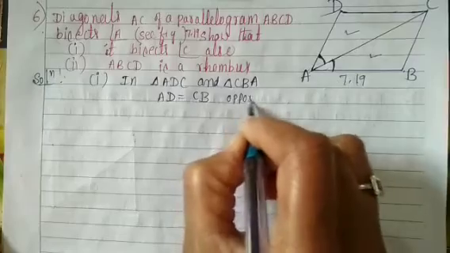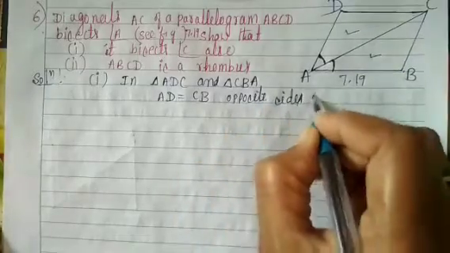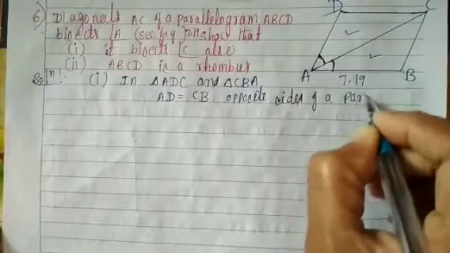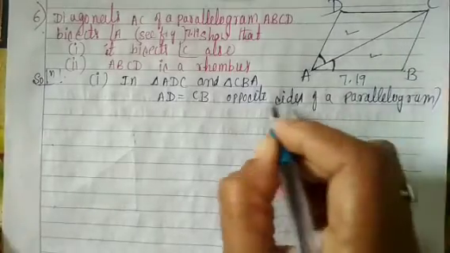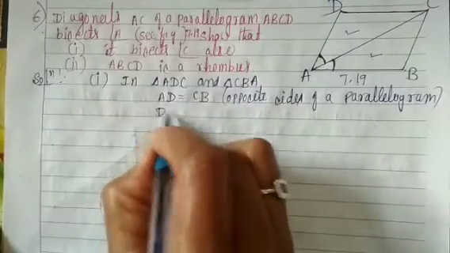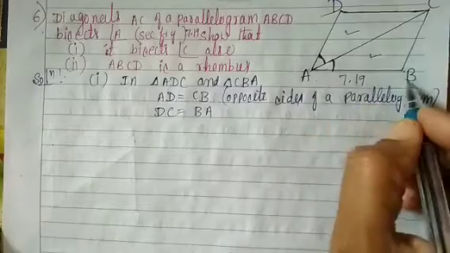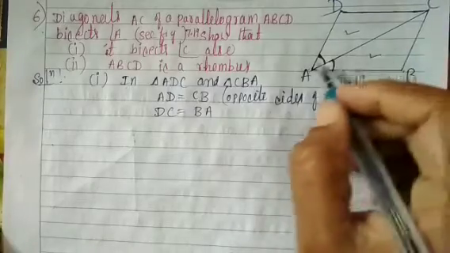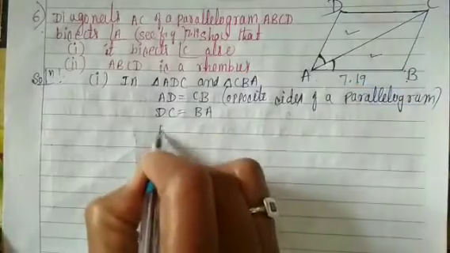Opposite sides of a parallelogram. Next one, DC is equal to BA, and AC is the common side. In both the triangles, AC is common.